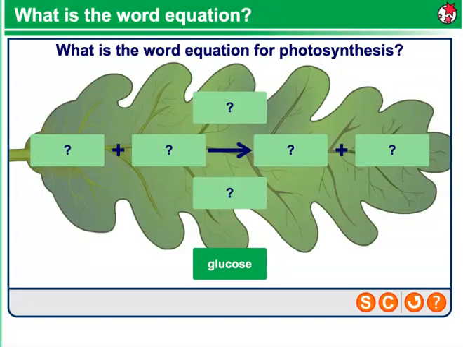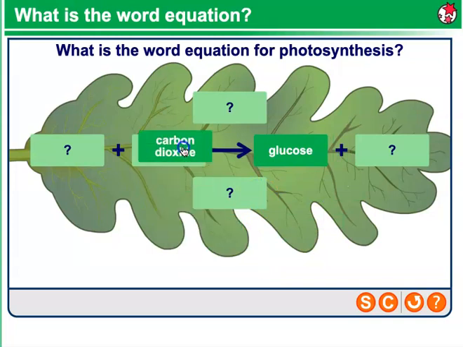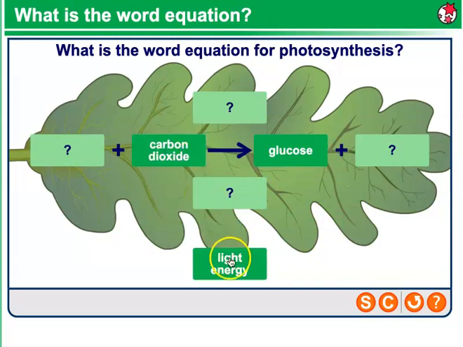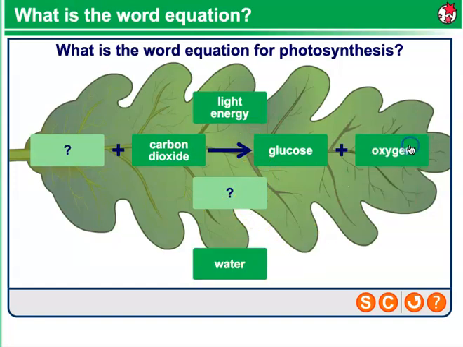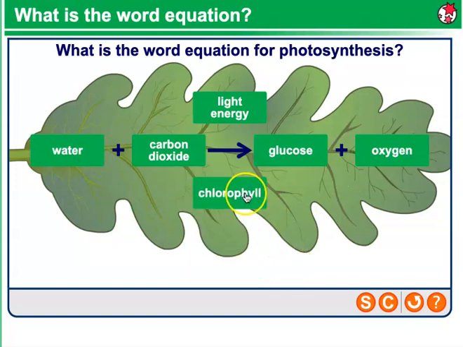What is the word equation for photosynthesis? We get glucose, we need carbon dioxide, light energy, oxygen is produced, and water is useful as well. Chlorophyll gets the whole thing going.